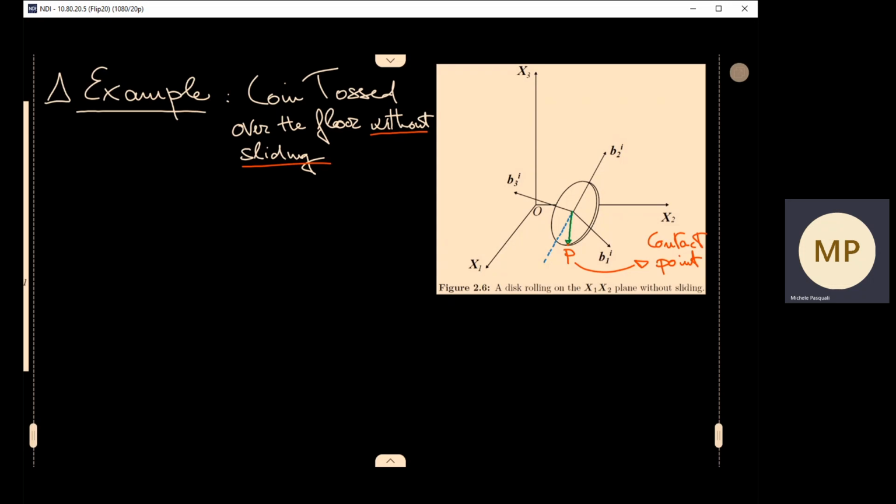This is, of course, typically our origin, O prime, for the local frame.